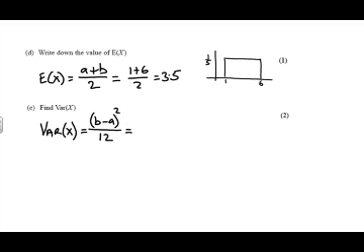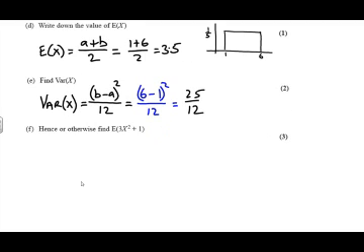Substituting in the values that we're aware of, that should be 6 minus 1 all squared and divided by 12. 25 over 12. And I'm happy to leave it like that in fraction form. It will probably be easier to manipulate later on, and I don't need to do any rounding, so I can maintain accuracy.